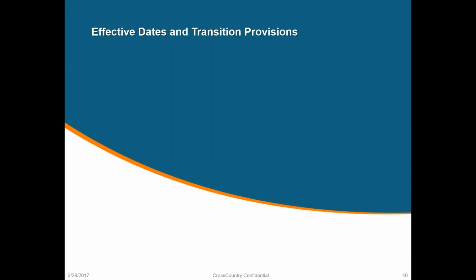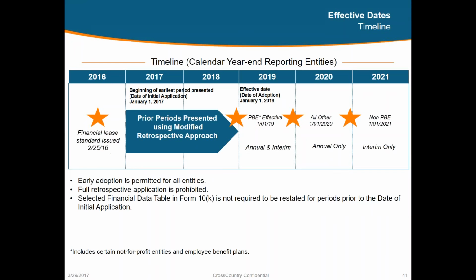Thanks, Katie. For calendar year-end public reporting entities, topic 842 is effective January 1st, 2019. The transition provisions of topic 842 must be applied to the beginning of the earliest period presented. Therefore, for year-end public reporting entities, date of initial application is January 1st, 2017.